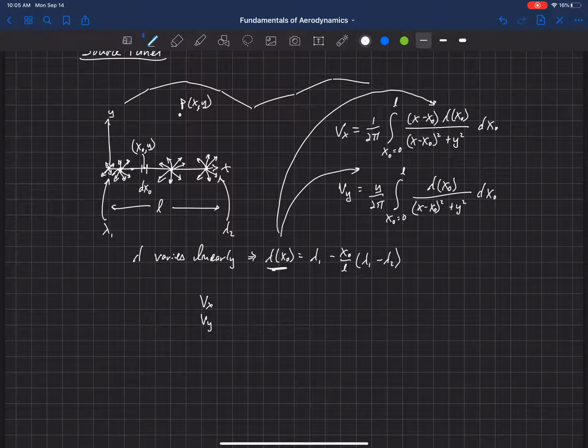Again, this is just for a panel where the strength varies linearly.